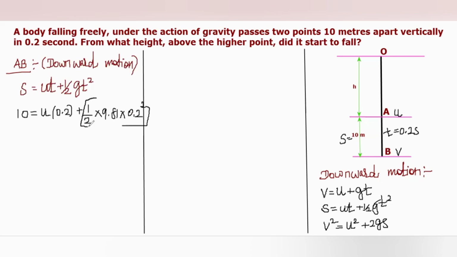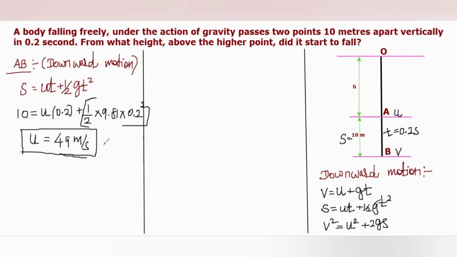So we can write this as 0.2U, or otherwise by simplifying this, we will get the value of U equal to 49 meters per second.